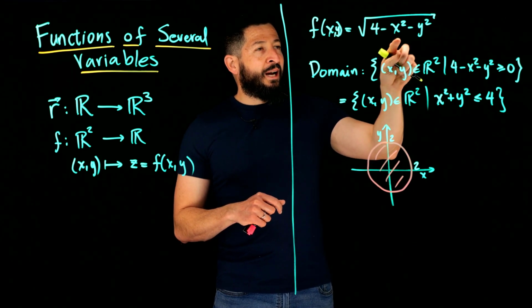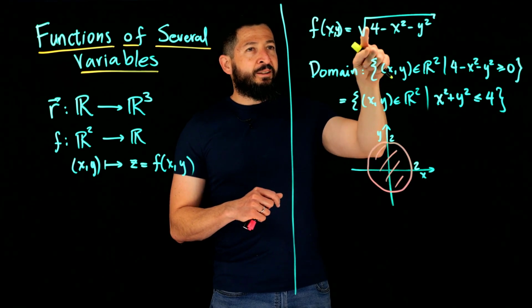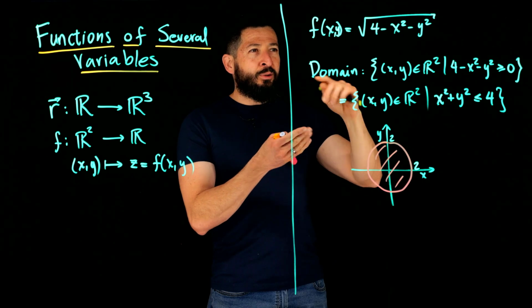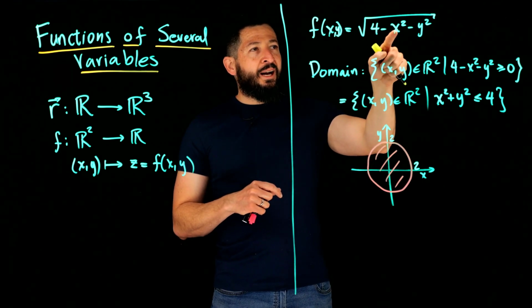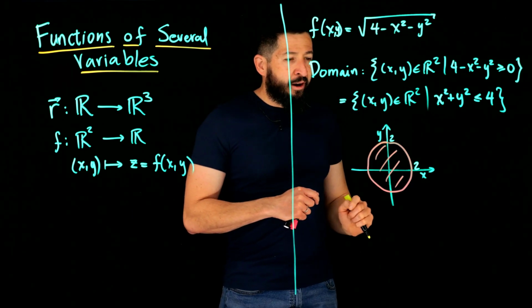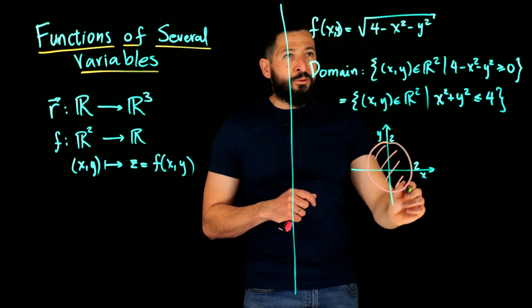If x, y equal 0, the function takes the value 2, so the maximum value is 2. The minimum would be whenever x squared plus y squared equals 4, so you get 0 here, all around the boundary of this circle.